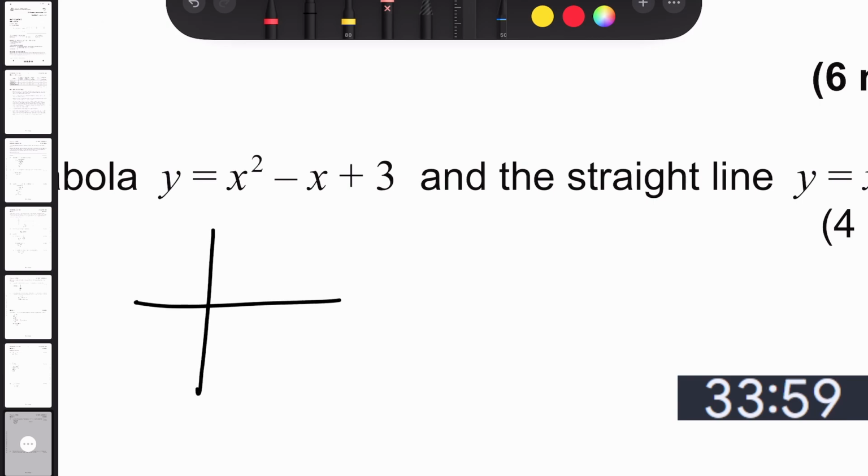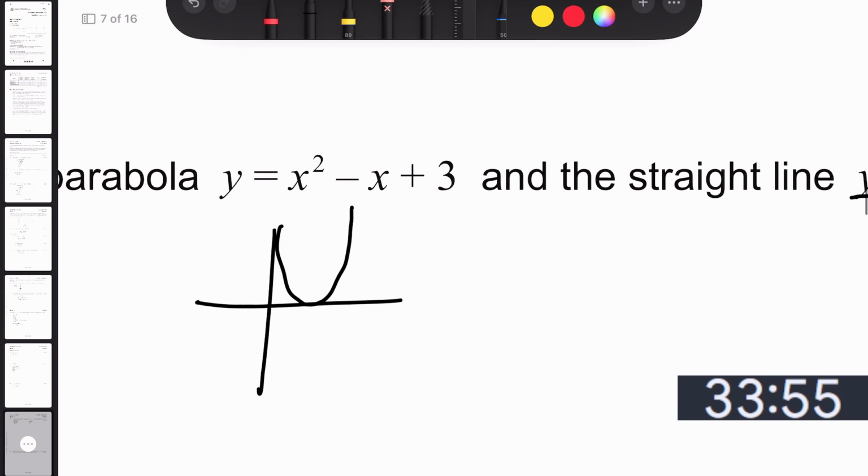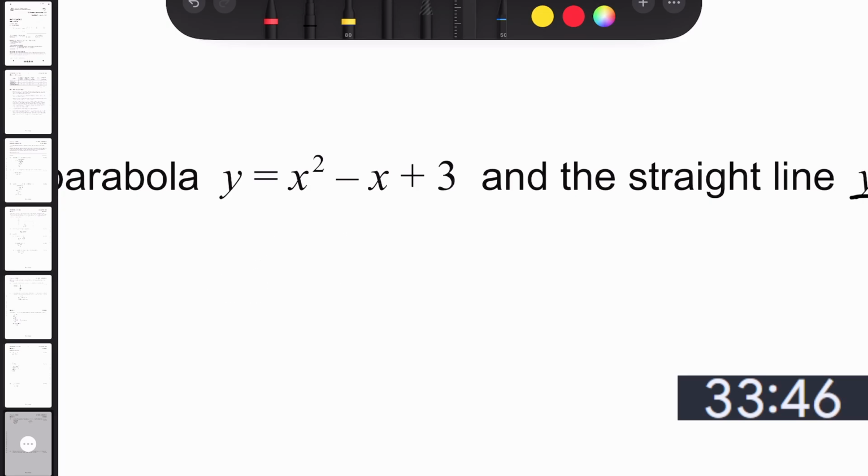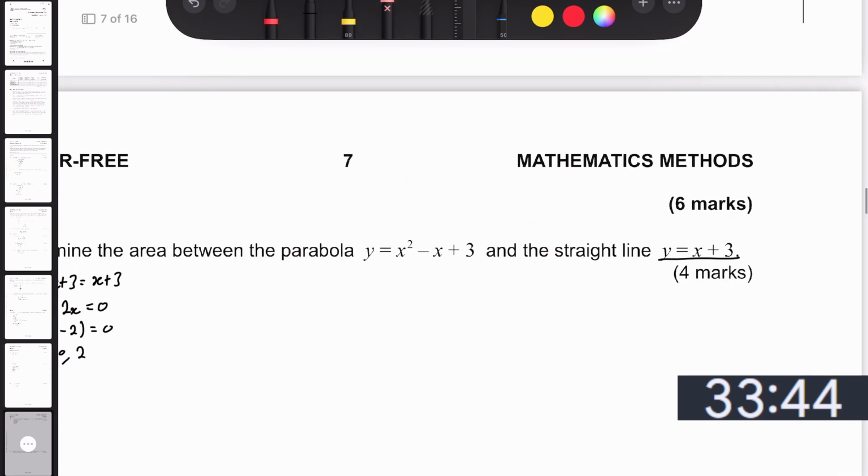But the main thing I've got to know is that it's an upwards parabola, and this straight line goes through 3, and it goes upwards like that. So they probably intercept, so I'm going to assume the straight line is below.